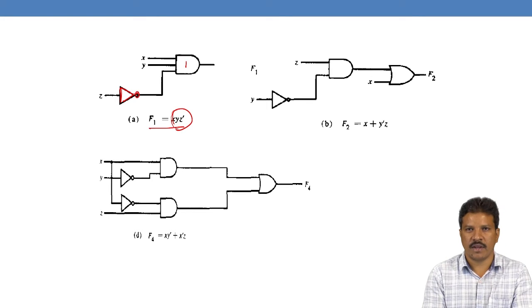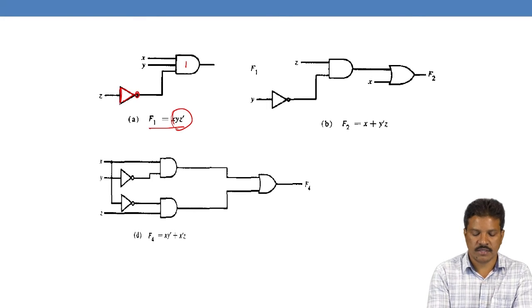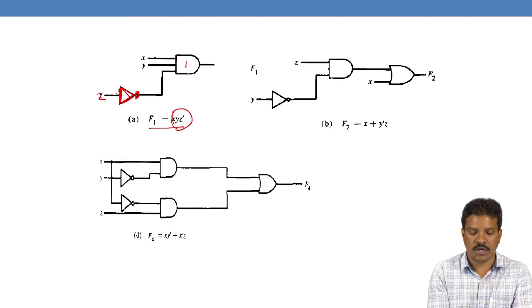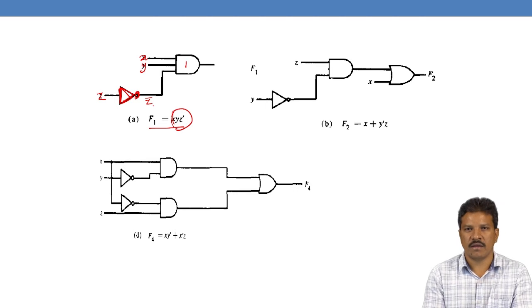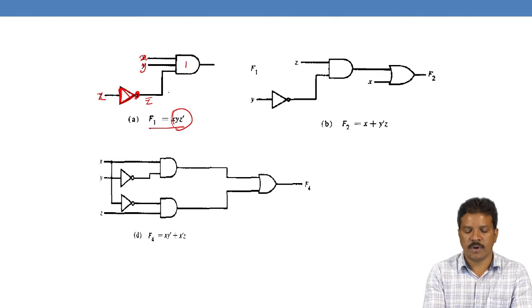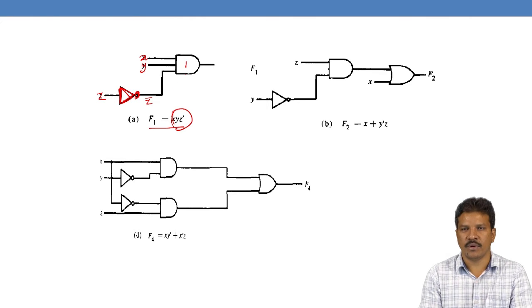That inverter is represented with a buffer symbol with a bubble. The z input is given to that inverter, and we get z bar. The remaining inputs are x and y. These three variables are in product form, so x, y, z bar are connected to a 3 input AND gate, and you get x y z bar.